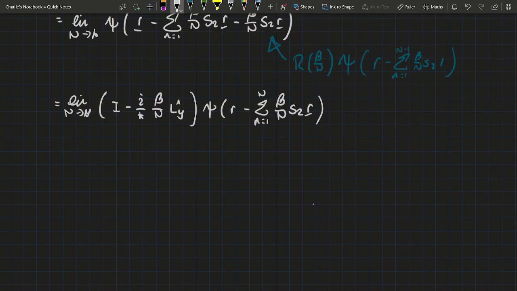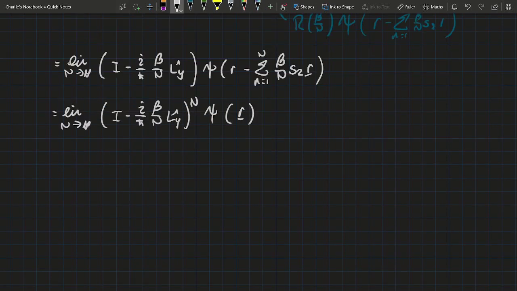If we perform this operation n times, then we will get the limit as n tends to infinity of I minus i over ħ β/n L_y hat, all to the power n, acting on ψ(r). We can now use the identity e^x is equal to the limit as n tends to infinity of (1 + x/n)^n. We can see here that x is equal to minus i over ħ β L_y hat.